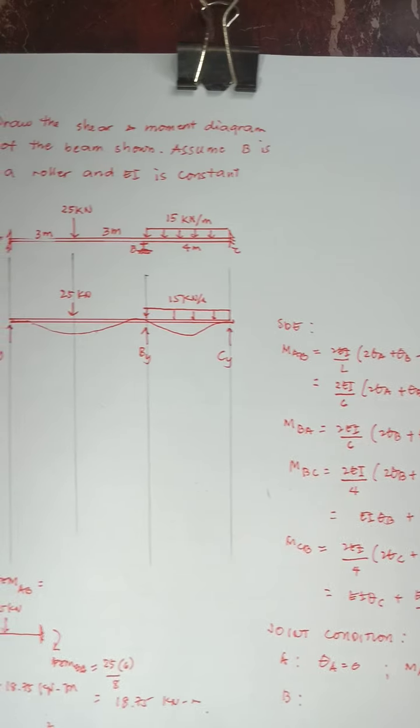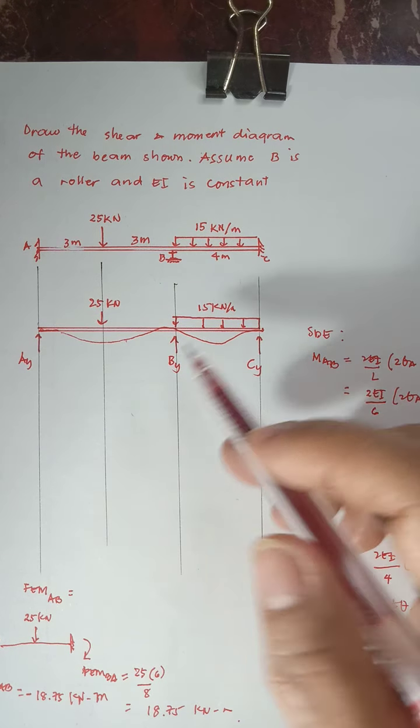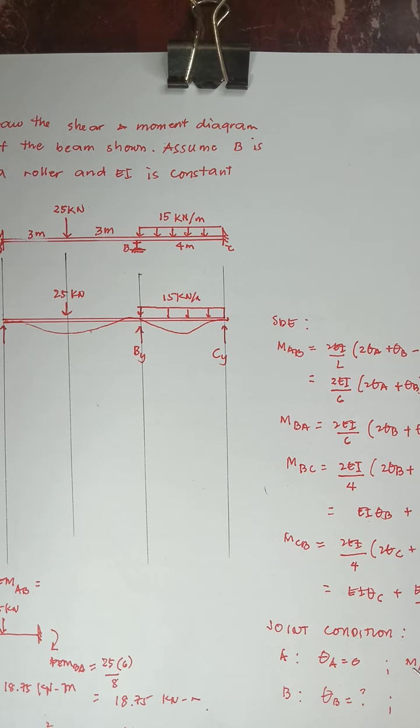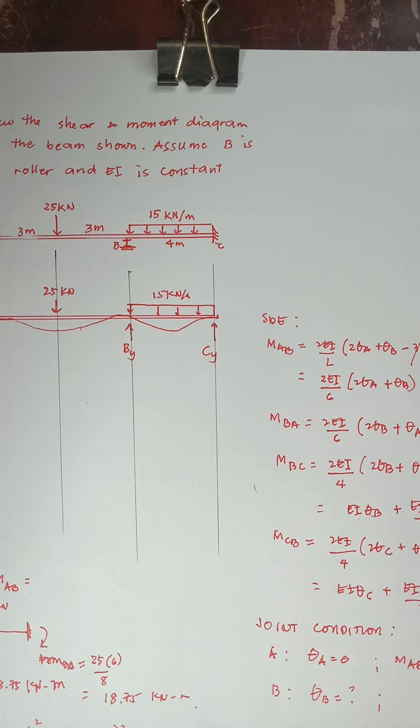Okay, now since it is a roller at B, so you have a rotation. So naa kay slope sa B, okay, which we do not know yet. And the summation of the moment at the joint should equal to 0 to satisfy the equilibrium principle, no?